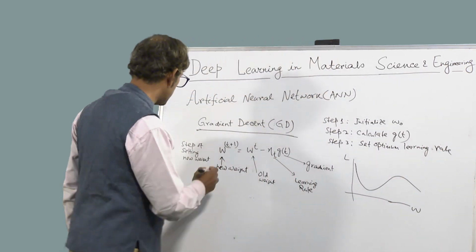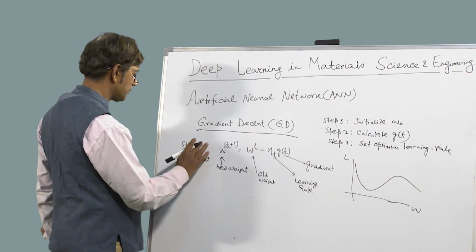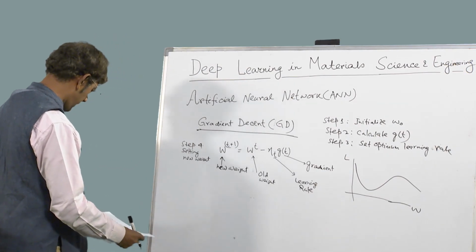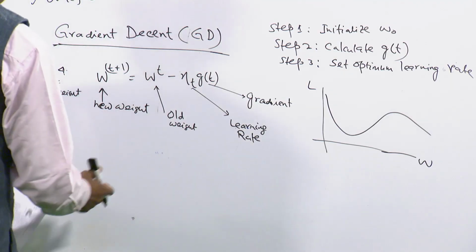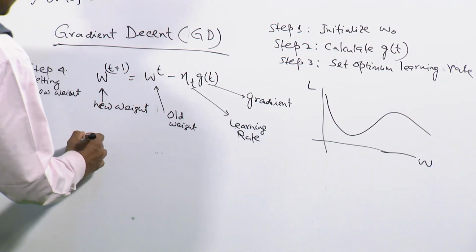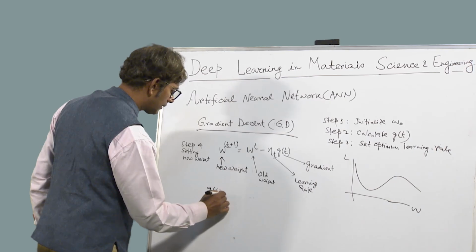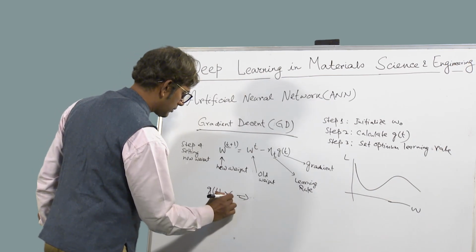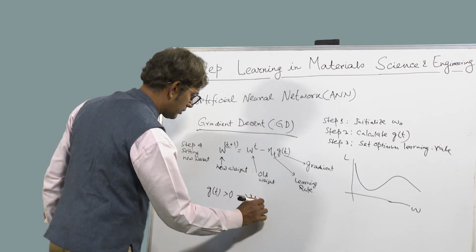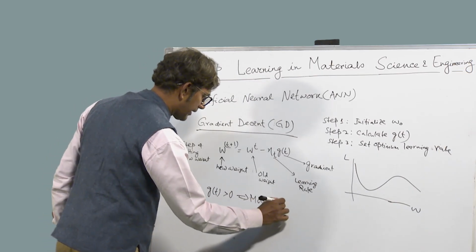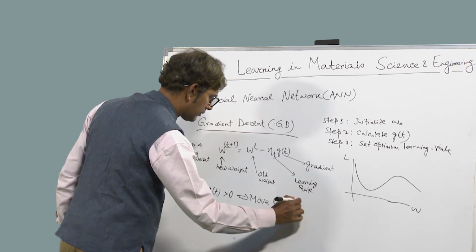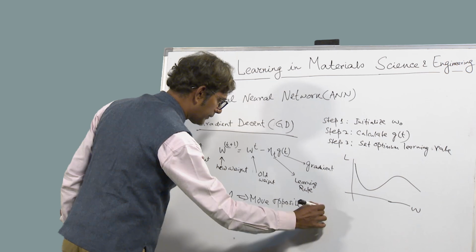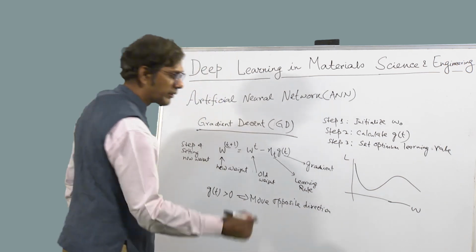And step 4 is setting the weights, correct. And the moment GT becomes positive, you have to move in the opposite direction. I explained to you, if you have not understood, you can do it yourself.